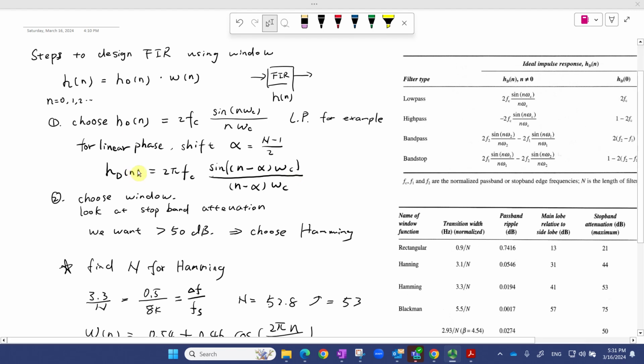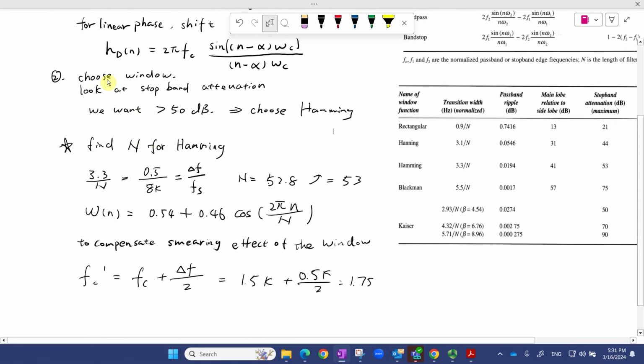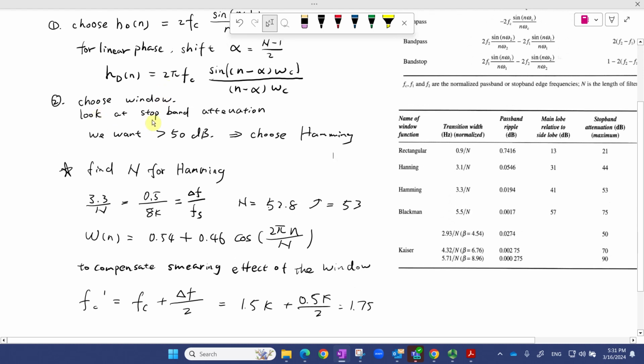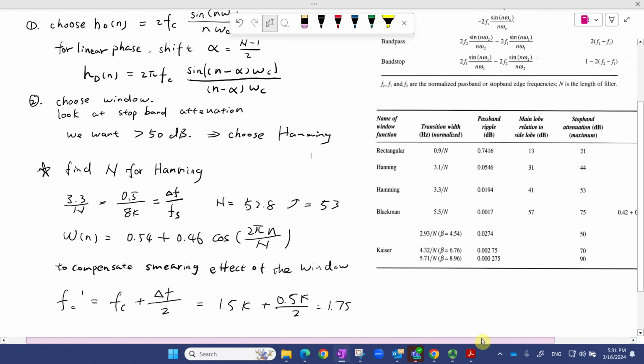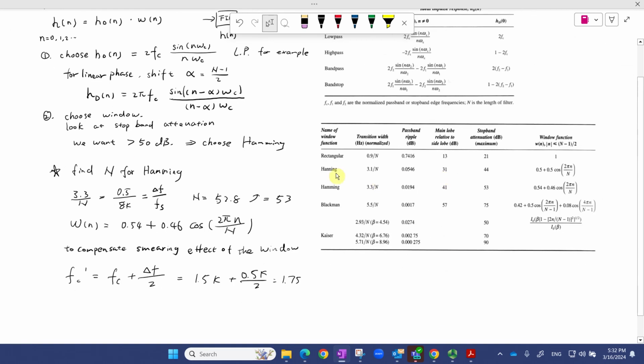The second step is to choose the window. We're going to look at the stop band attenuation. For example, if we want it larger than 50 dB, then we're going to choose the Hamming window. So if we want it larger than 50 dB, you can see the Hamming window has a stop band attenuation rate of 53.